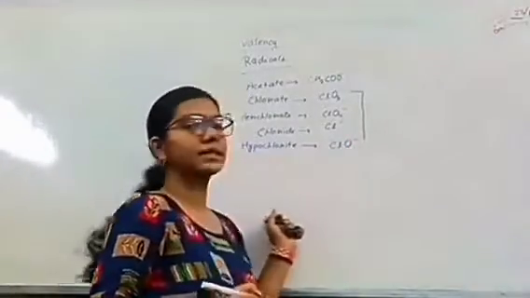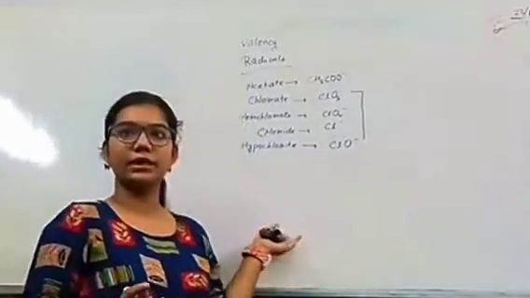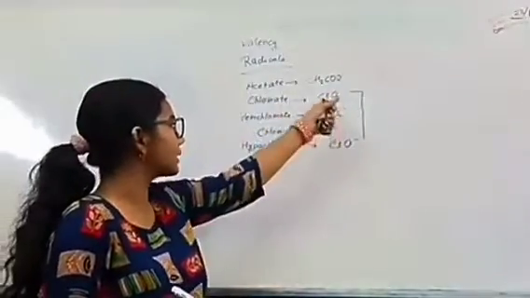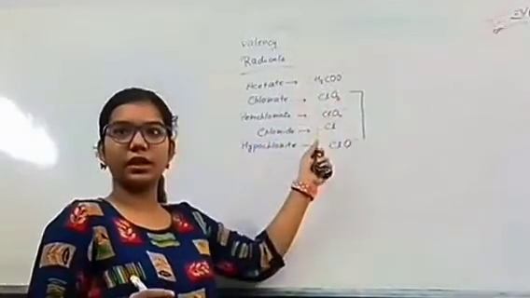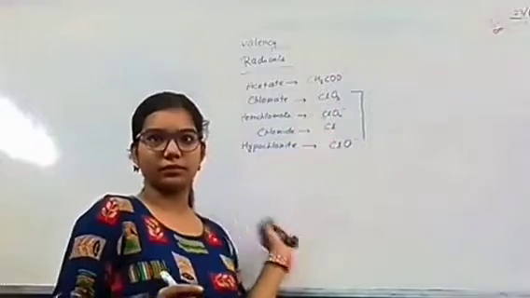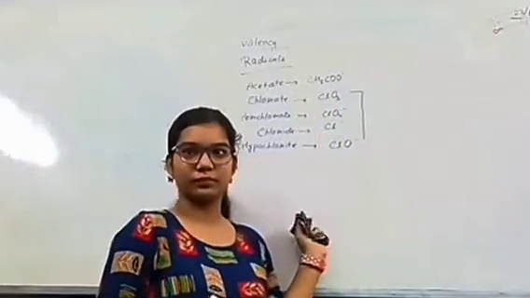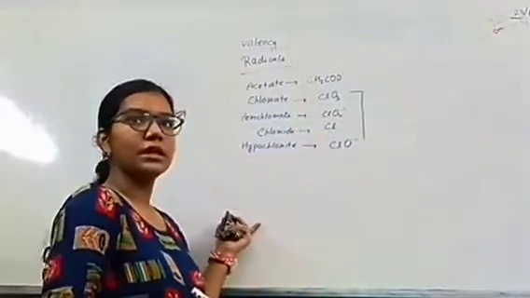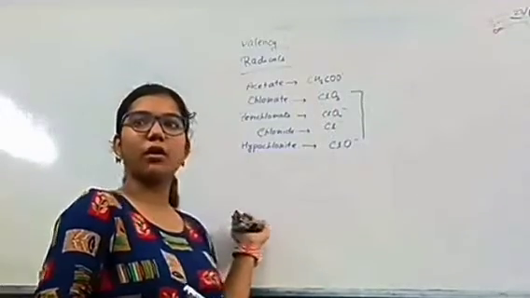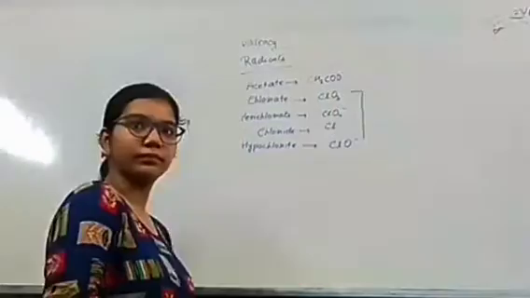Actually, the chlorine series you don't require. In CBSE, you only have to remember this chloride one. These three you don't have; these compounds will not be given to you. This chart is based on all the modes.